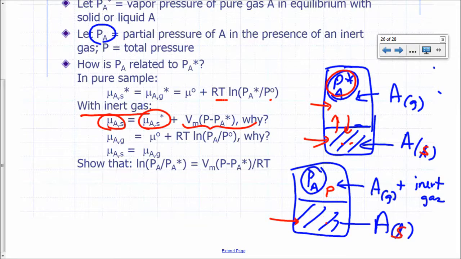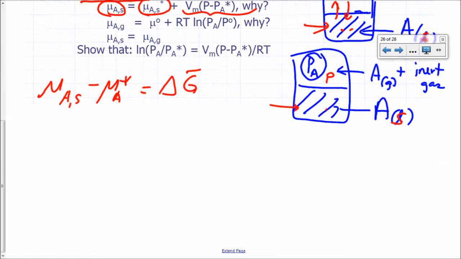Why is that? Well, mu A in this sample with the inert gas minus mu A in the sample with no inert gas, that's just delta G per mole. That would result from an increase in the pressure on the solid. If you remember, G bar is just mu.